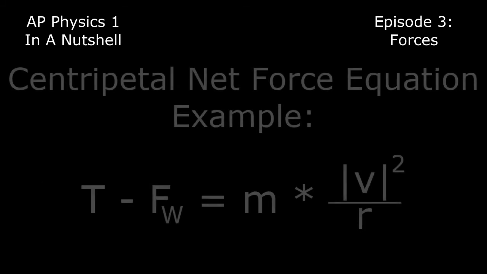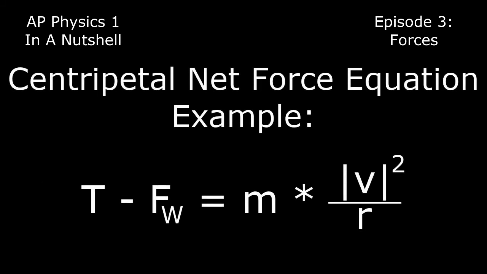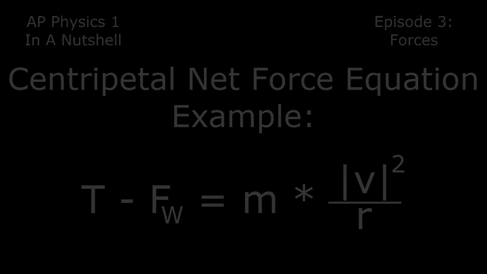You can then solve your net force equation like normal, with the centripetal acceleration and all of the other forces acting on the object. Just make sure that you account for whatever force is accelerating the object towards the center of the circle. This will most likely be either tension or static friction.